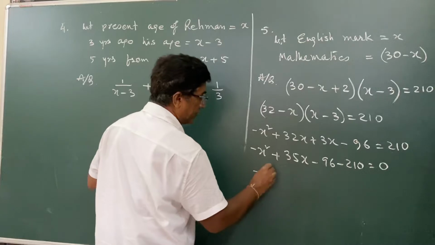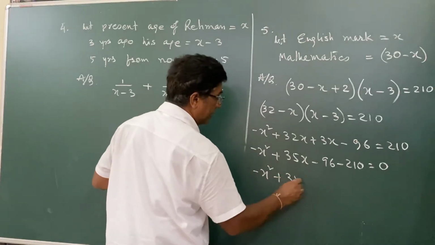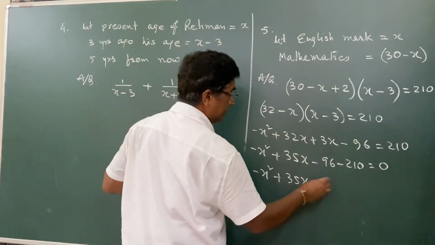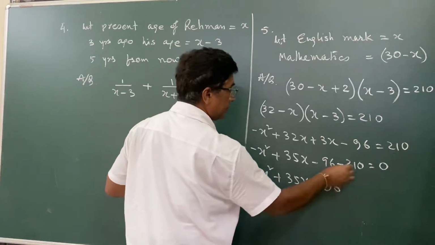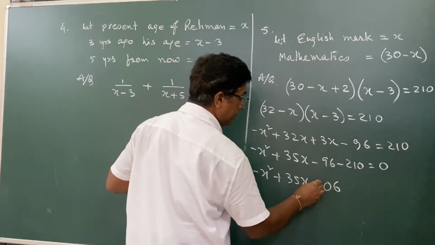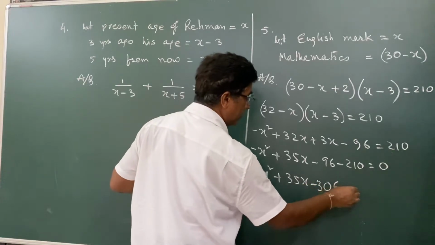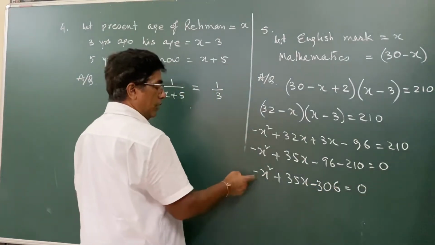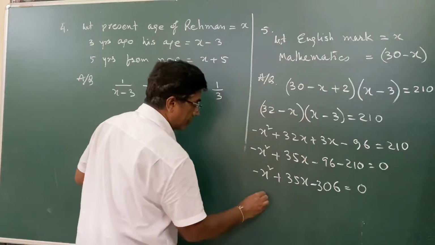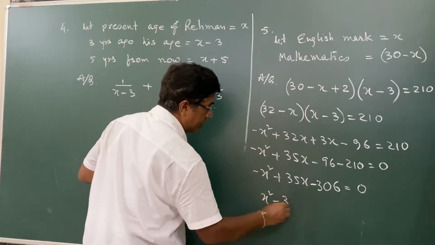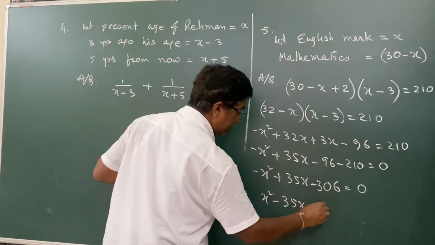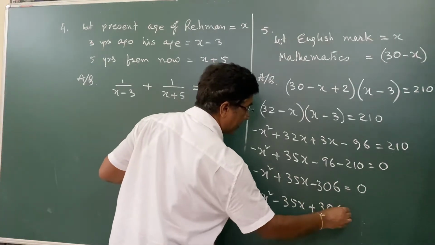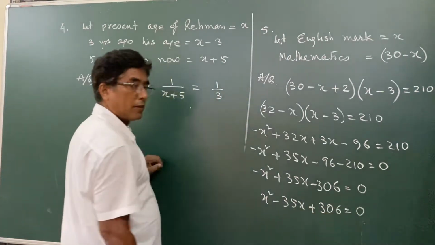So minus x square plus 35x minus 306 is equal to 0. We divide everybody with minus. So you get x square minus 35x, then plus 306 is equal to 0. Okay?